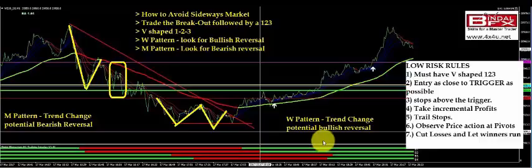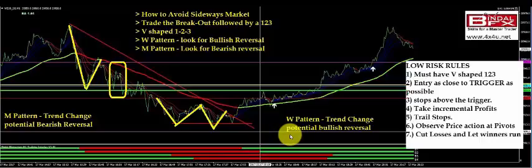So let's say, for example, we are looking at this scenario here, and this is Wall Street 30 Dow Jones. Firstly, if we look at the big move to the downside, and right at the end, what you see is a W pattern. Now, that is a potential bullish reversal.